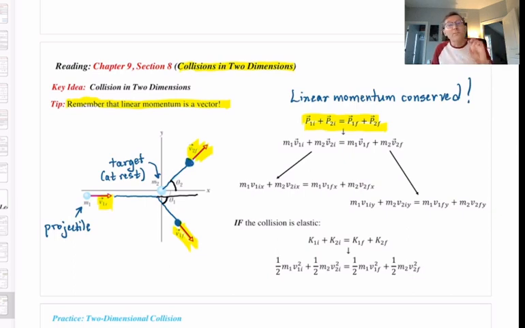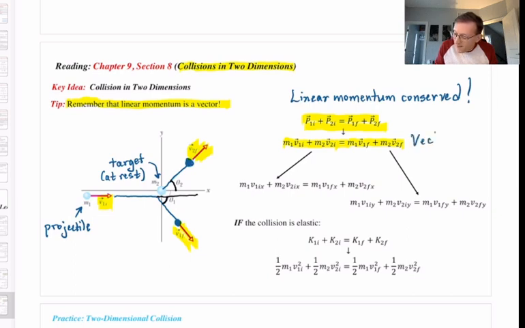Now, of course, momentum for a particle is mass times velocity vector. So here's another way to write that. m1 v1 initial arrow plus m2 v2 initial arrow equals m1 v1 final arrow plus m2 v2 final arrow. All these are vectors, though.